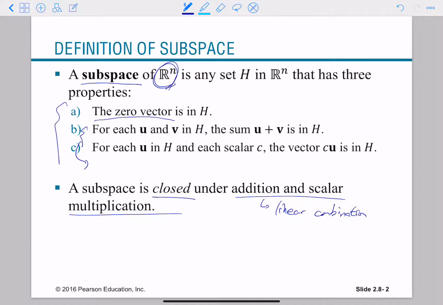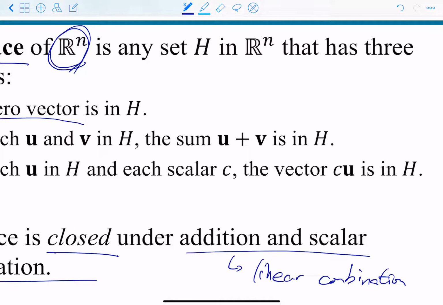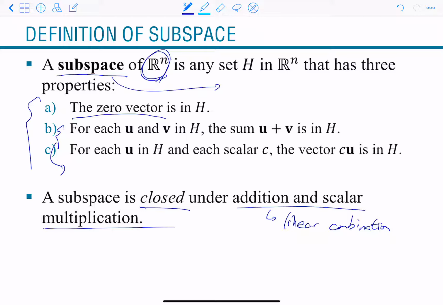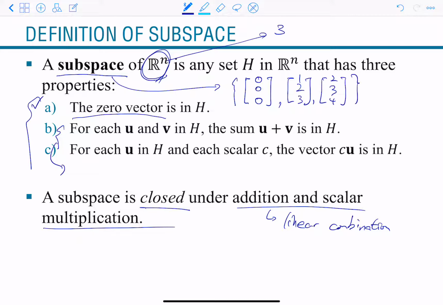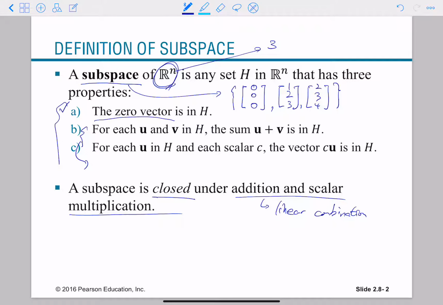So basically it's a subset of Rn. Let's say n is 3. It has to contain the zero vector by the first condition, and suppose it contains 1, 2, 3 and 2, 3, 4.